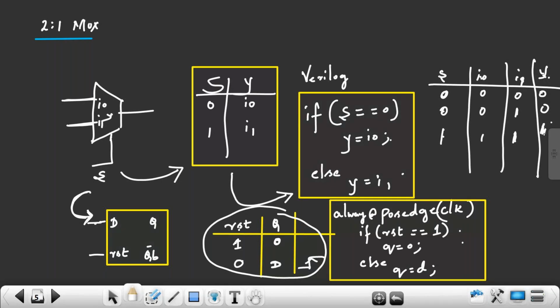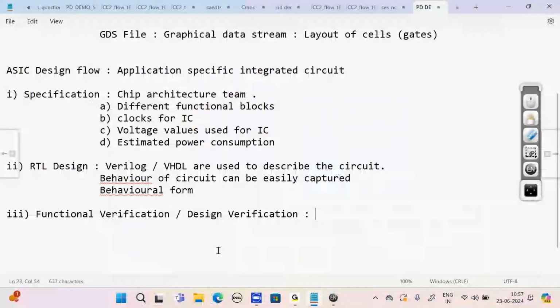Applying one combination of inputs is called a test case. This is one test case, this is the second test case, this is the third test case. So apply these different test cases to your Verilog program and verify the output. That is what you do in functional verification.